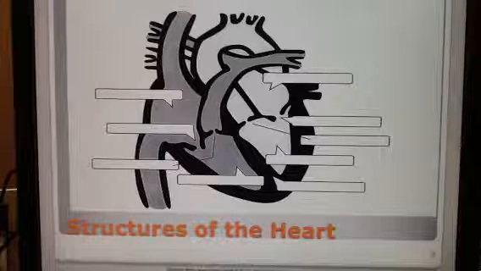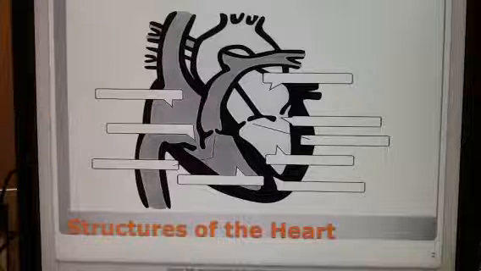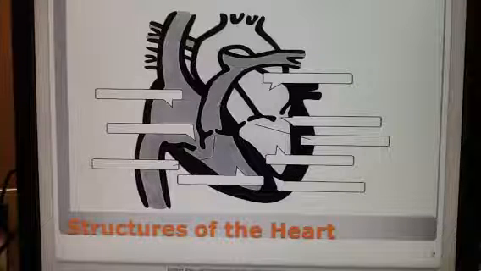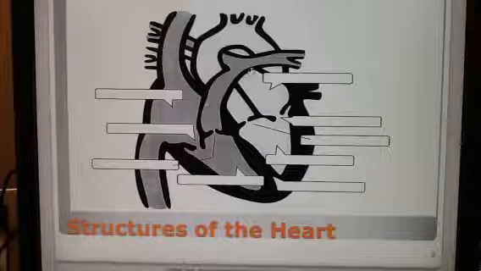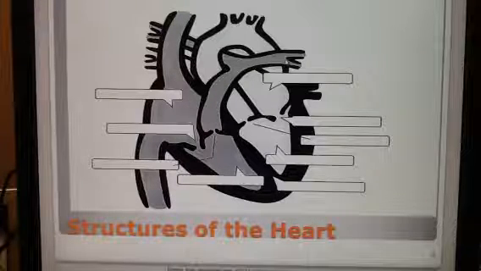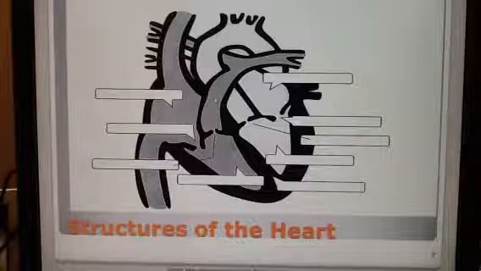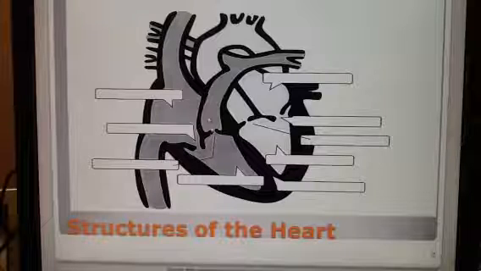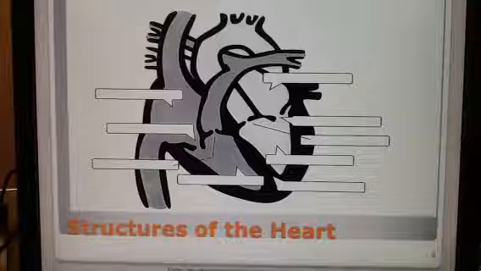The vessels that connect to the ventricles and the semilunar valves: the first one, right above the pulmonic semilunar valve, is the pulmonary artery going this way. It's pulmonary because it connects to the lungs, bringing unoxygenated blood to the lungs. Now it's an artery, and we might think that's a little funny since it's got deoxygenated blood in it.